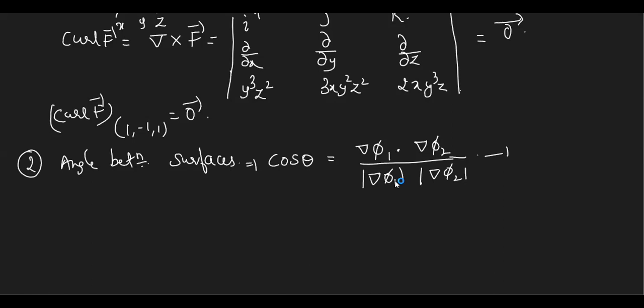So what is to be found here? Del phi 1, del phi 2. Correct? Yeah, start solving. What is phi 1 we have to take? See, from the first surface, you have to take the terms containing only x, y, z. What is the first surface given? Correct? x square plus y square minus z square. I'll give you a little work.